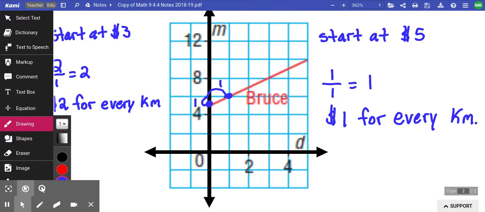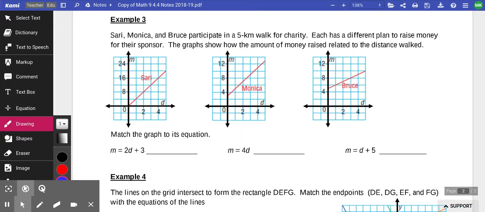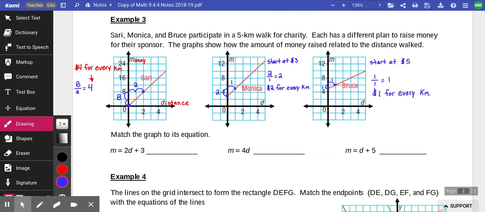Awesome. Those 3 things that we just calculated, their slope and their starting value for all 3 graphs, are often called their y-intercept and their slope. Instead of rate of money making and how much they started at, you can just think about it in terms of actual math, y-intercept and slope.